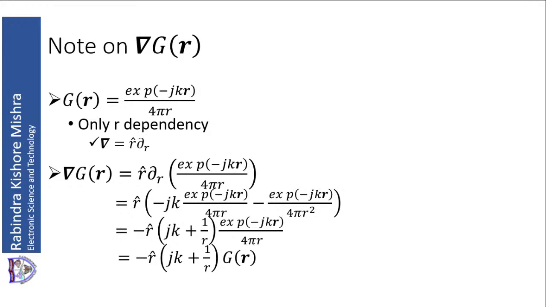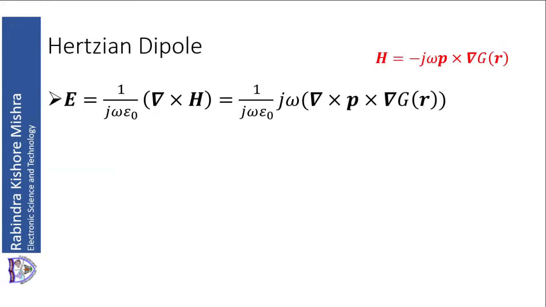Now let us find the fields using this. The first field we are interested in is the electric field. E is equal to 1 by j omega epsilon 0 into curl H. I hope you remember that curl H is equal to J plus dou D by dou t.